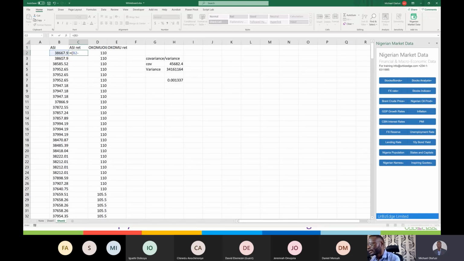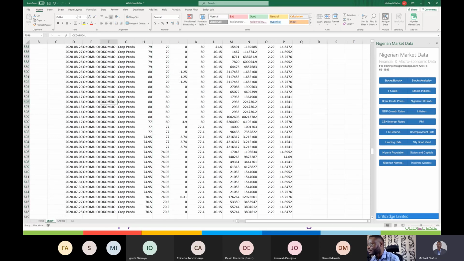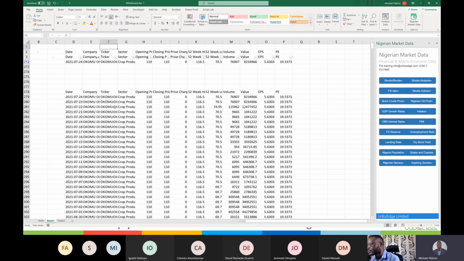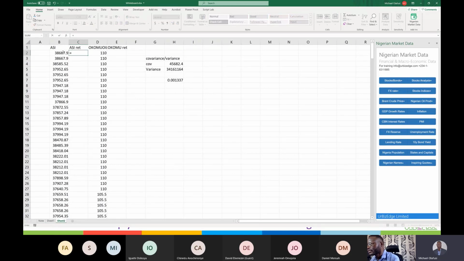I should have even just copied the gain. It's actually there instead of calculating it all over. Gain is here, price change, but not a problem. We can just calculate it once and for all. This divided by this minus 1.